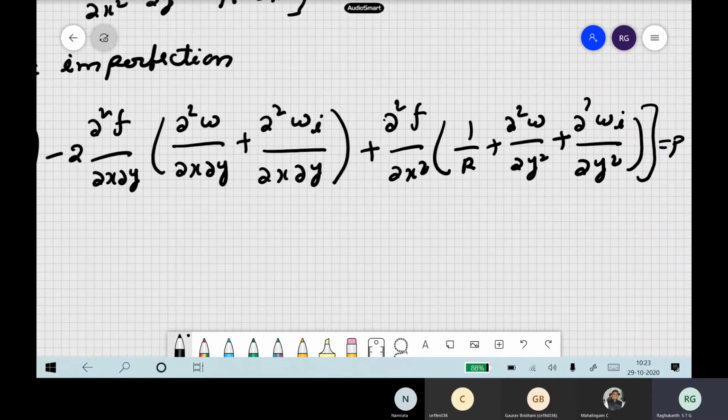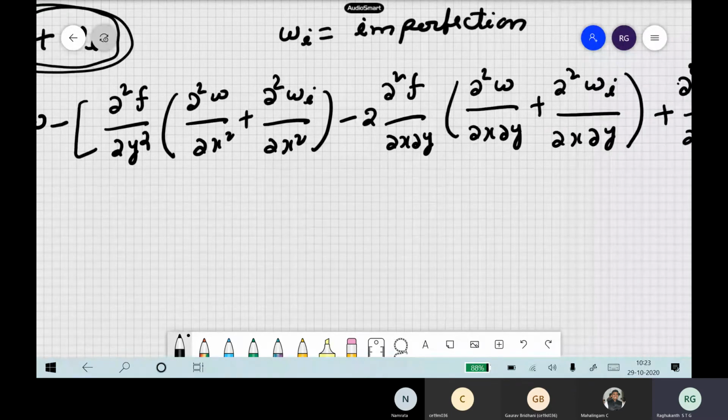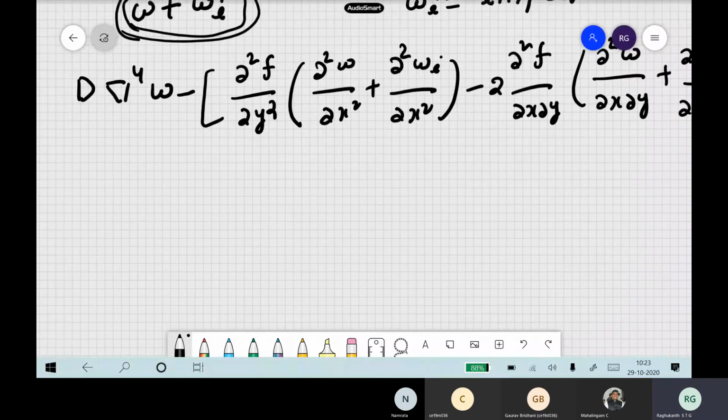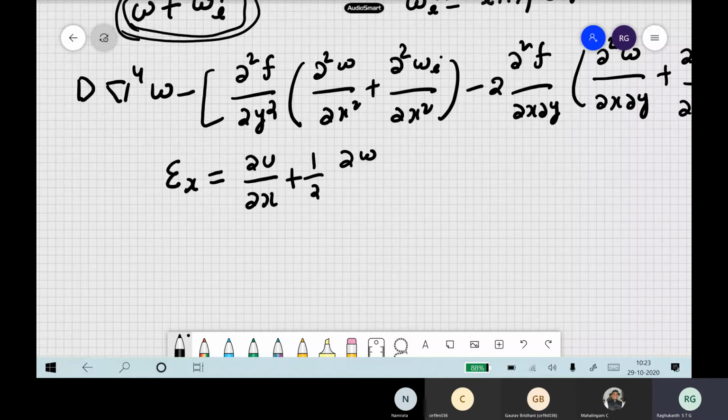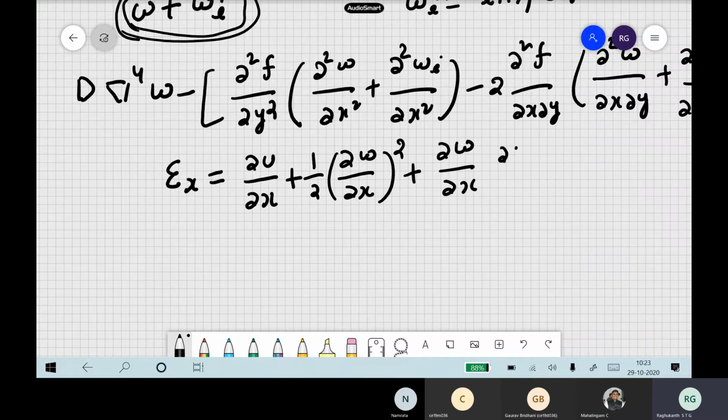So this is how the equations have to be modified for a shell with imperfection, or one that is already buckled in the post buckling range. Now the strain displacement relations are also affected. If you have epsilon x, we already wrote ∂u/∂x plus half (∂w/∂x) whole squared. Here also you have to incorporate ∂w/∂x and ∂wi/∂x.